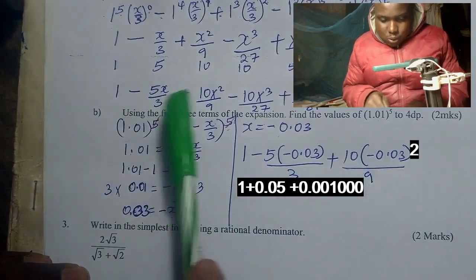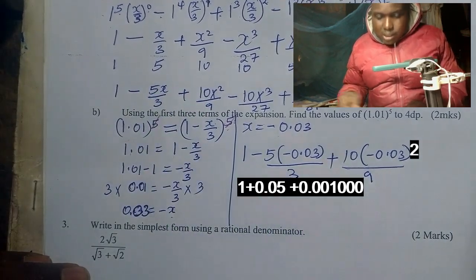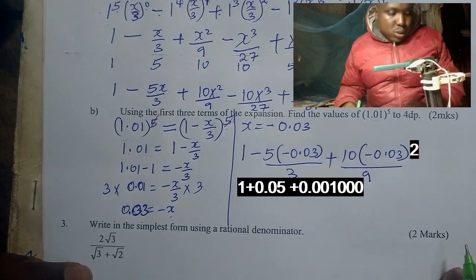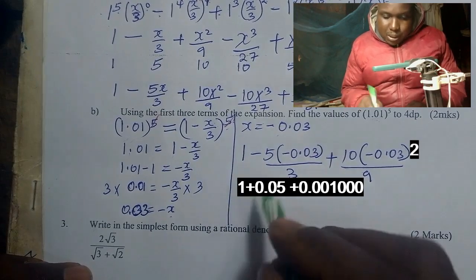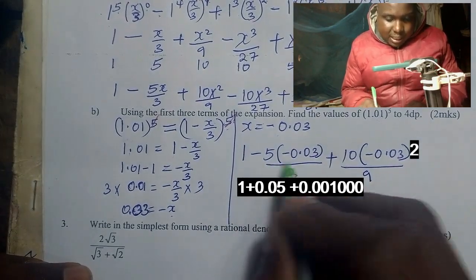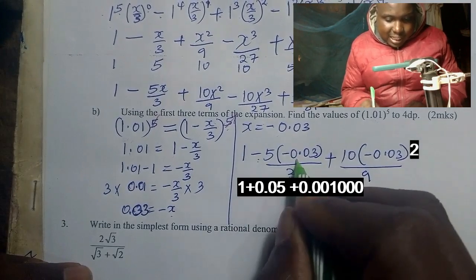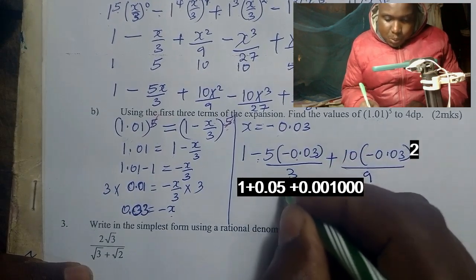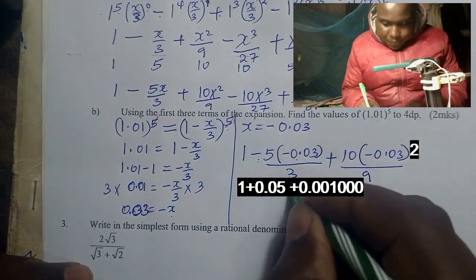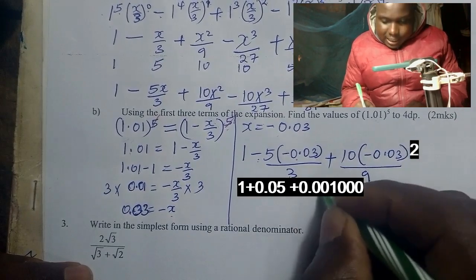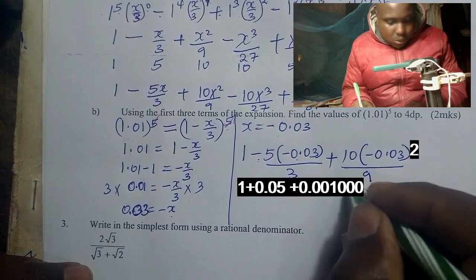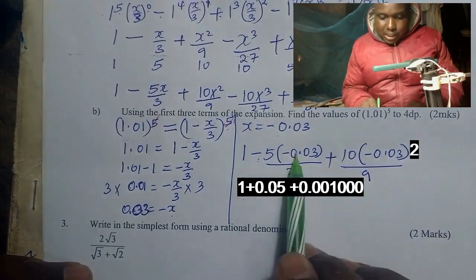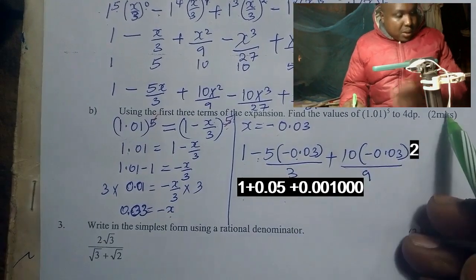We have been asked to use the first 3 terms. You don't need to do otherwise. So this one is going to be 1 minus this negative, this negative is going to be positive. So finally you get 1 plus 0.05 plus 0.001.